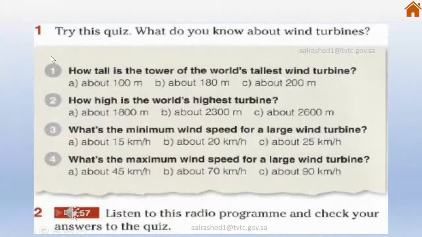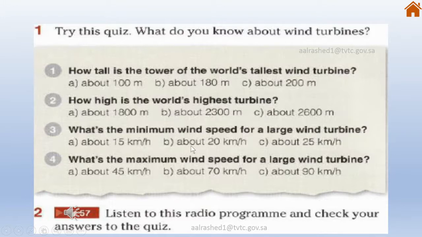Okay, exercise 1, we have a quiz. A quiz is a short exam that consists of short questions. You can see we have from 1 to 4. Each question has choices, and one of them is correct. We need to answer how tall, how high, and what the minimum and maximum wind speeds are.